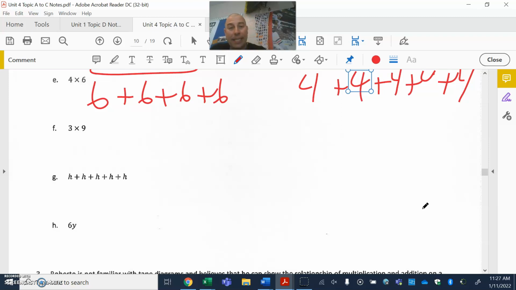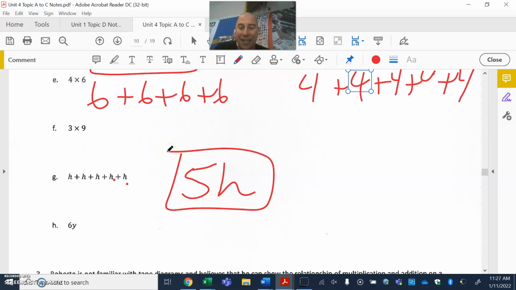They gave me an addition. I need a multiplication. 1, 2, 3, 4, 5. It's 5H, because I'm taking H and I'm doing it 5 times. I don't know what H is. Now, notice also we rewrote it. The number came first and the letter came second. That's something to remember we got to keep in mind. 6Y.